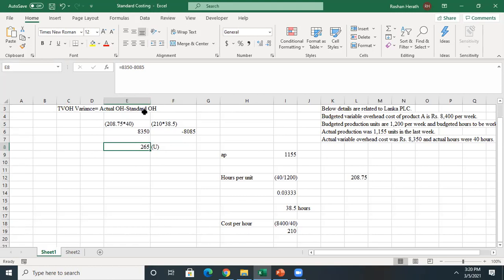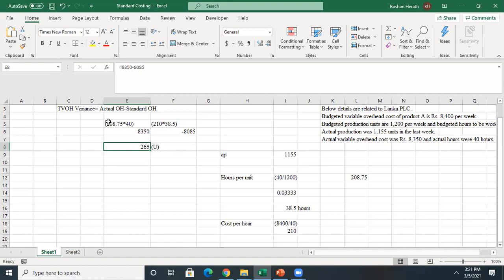Similarly, if you look at the hours per unit, the efficiency, you can see that the actual one is less efficient. There we have taken 40 hours to perform the job, and as per the standard, you should have taken 38.5. So if you look at the efficiency variance, you may observe an unfavorable one. So those would be the two reasons.